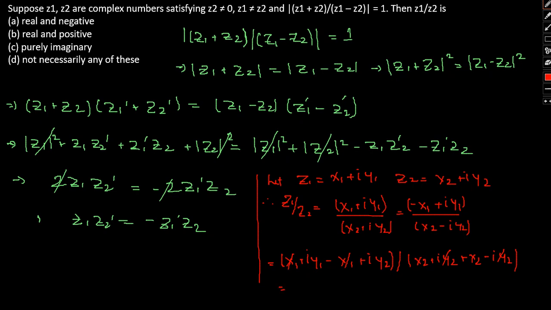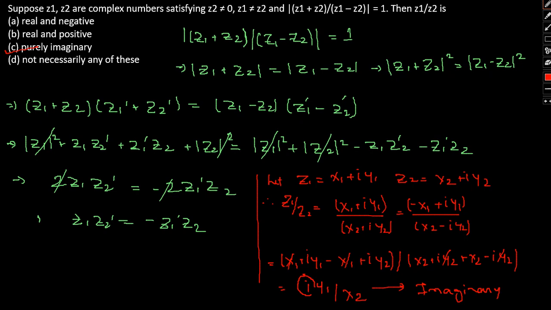So this can be further written as iy1 by x2. So here, since we have an i present, this term is imaginary. So therefore, our right answer will be option C. So I hope this is clear how we can arrive at the solution itself.